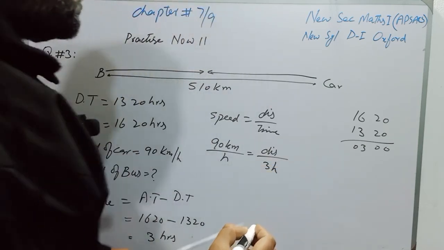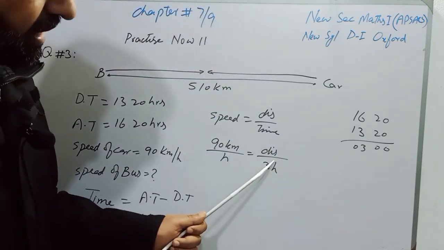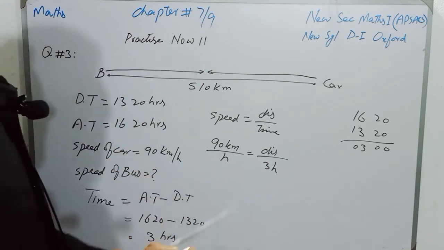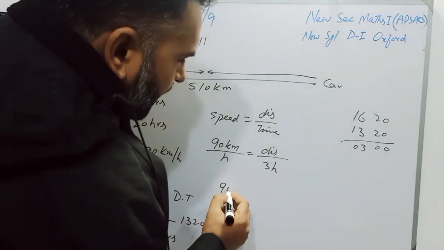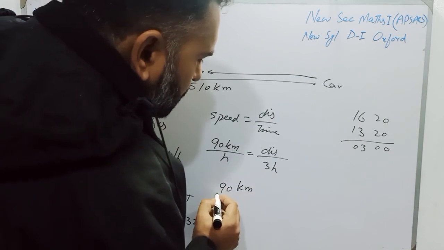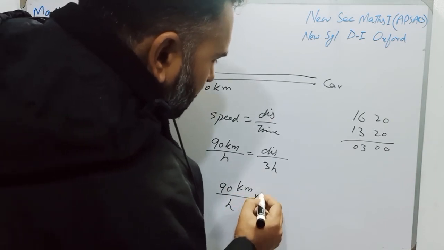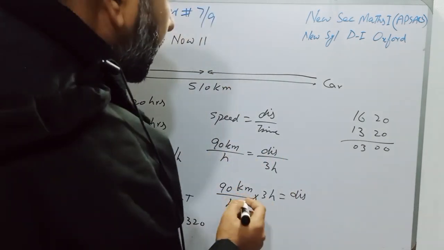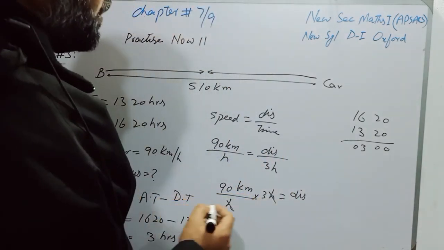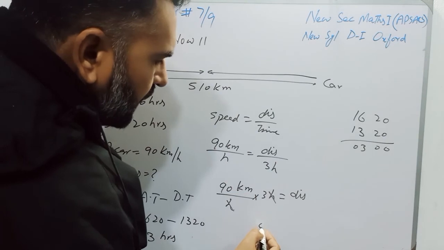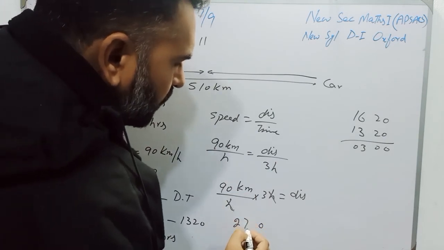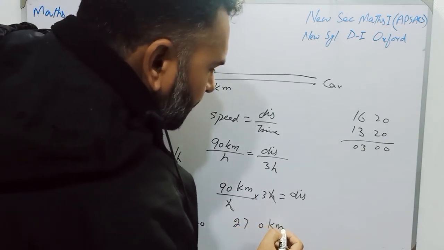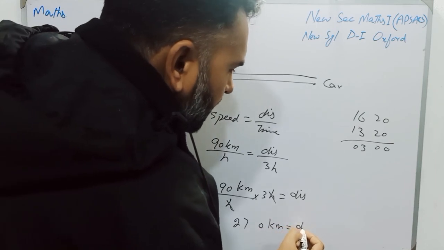So 3 hours is dividing on the right side. When we transfer it to the other side, it will multiply and be written as 90 km over hour multiplied by 3 hours is equal to distance traveled by car. This hour and this hour will be cancelled. 3 zeros are 0 and 3 nines are 27, so 270 kilometer is traveled by car.